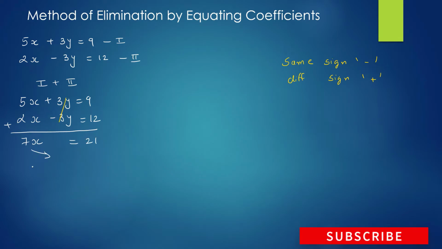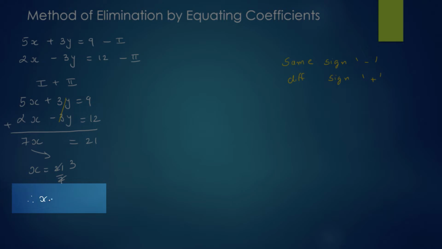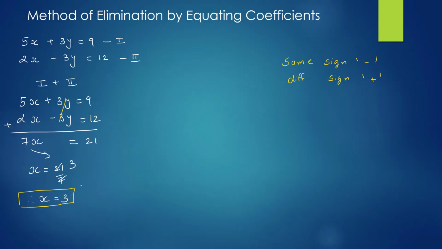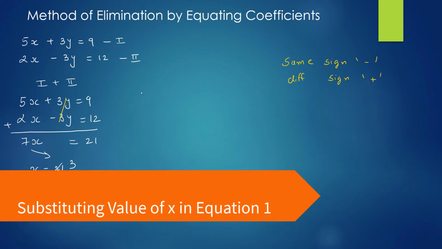7 will go to the divide side, x equal to 21 divided by 7. 7 3s are 21, so the value of x is equal to 3. Now we will substitute the value of x in either equation 1 or equation 2. We will get the same answer.